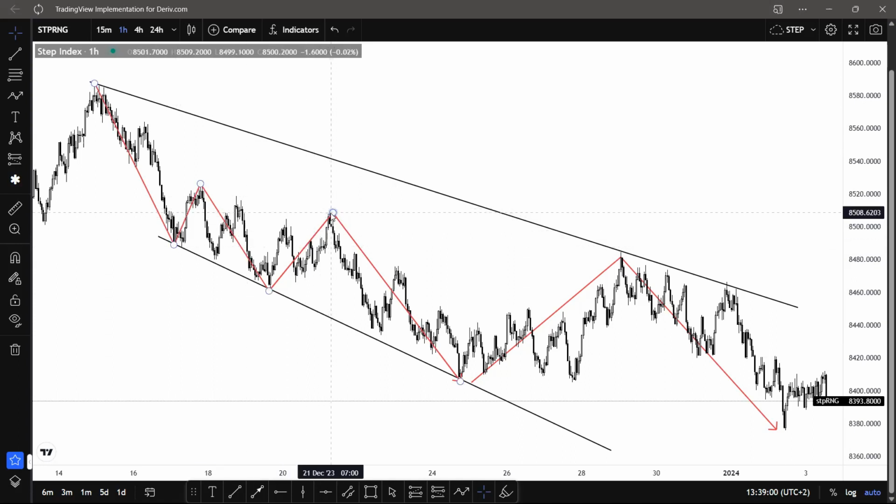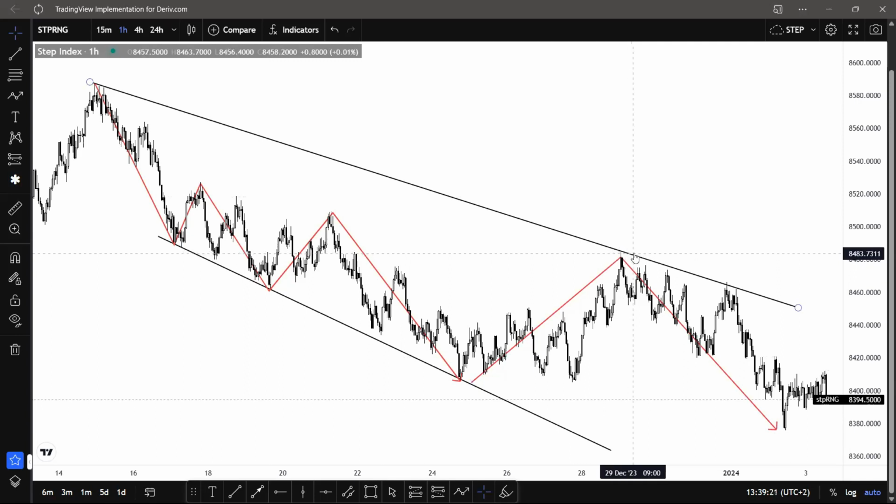Now, this swing point is not valid because it has not yet broken this swing point. Which simply means that I cannot yet classify this as an official lower high. The lower highs that are official are this one, this one and this one right here.